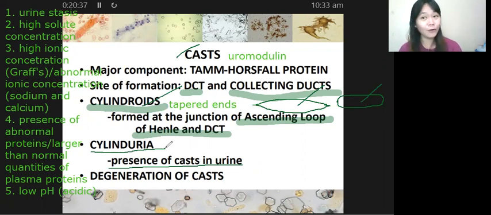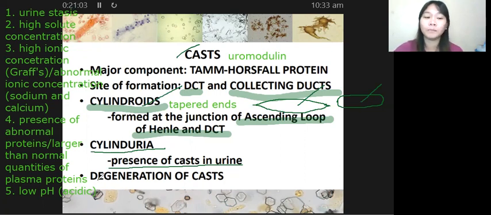Wala po tayong term na castoria. Oh, alam mo naman si Ma'am Gili, minsan buo-buo din to eh. Okay, minsan nagbibigay siya ng terms na wala naman talaga. Okay, so walang term na castoria ha. O, ayan. Ang term ay cylindruria. Okay, presence of casts in urine.